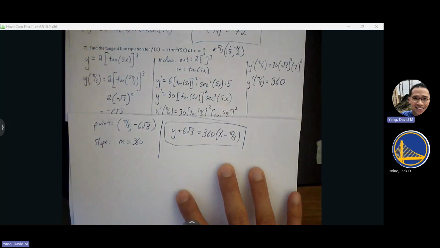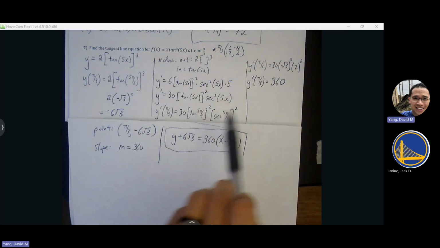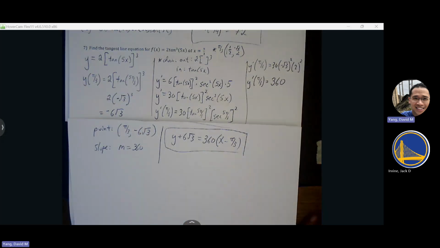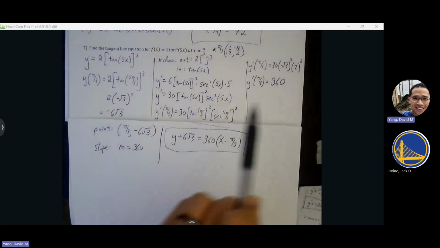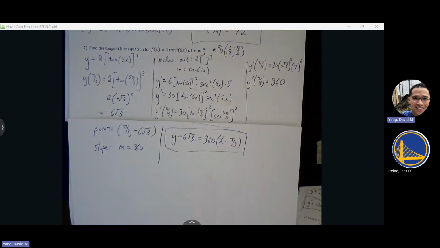Is that what you guys got? Okay. Yeah, I forgot the square on my key. But I just keep it as 120 times negative root 3 to the second.